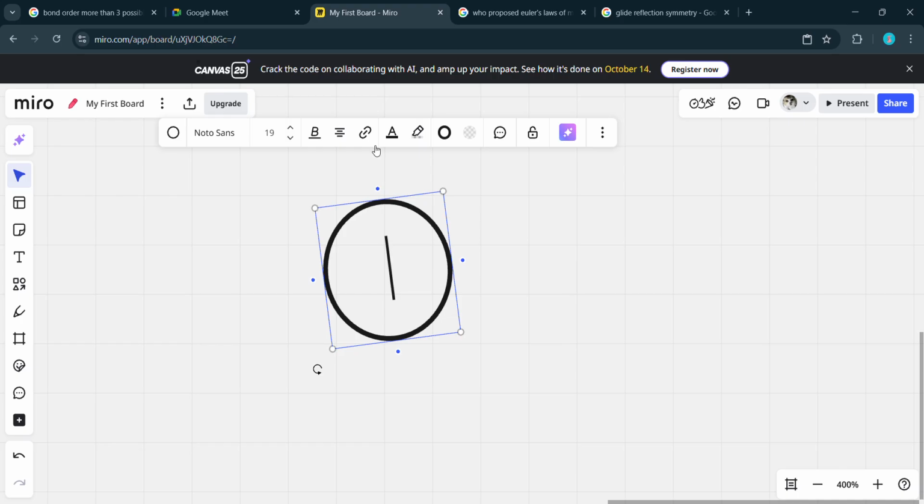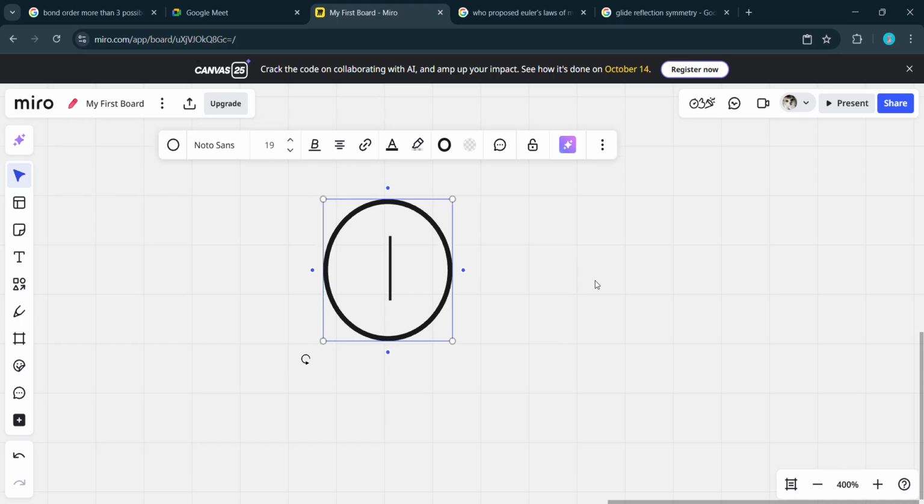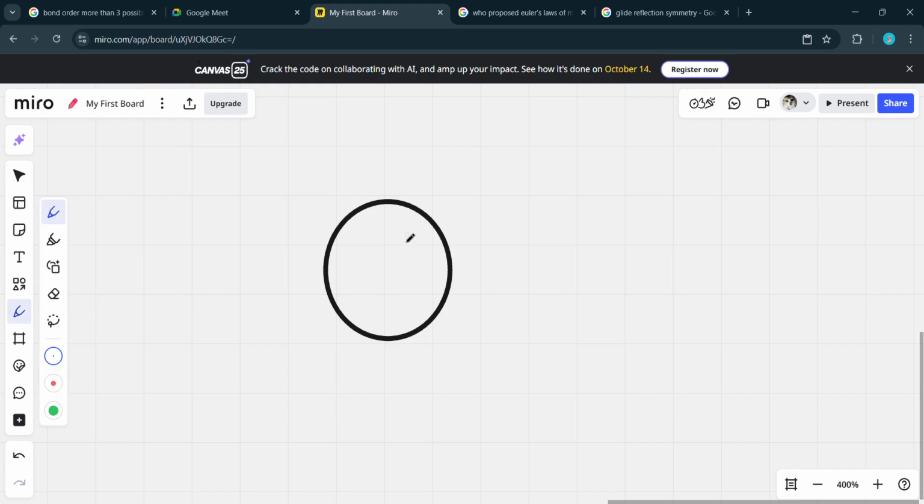Let me just draw a line for you so that you can understand that the circle is rotating. Let this be the line passing through the center of the circle. Now while understanding, ignore the line. If you count the line, you will get two ways to express this symmetry, not one way, two ways. Why two ways, I will tell you later, but for now let's focus on this thing.